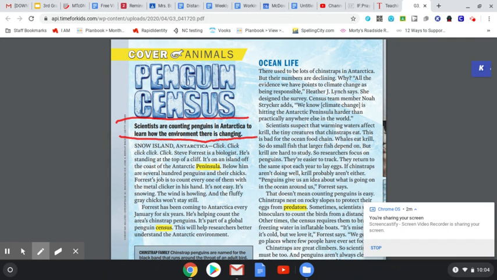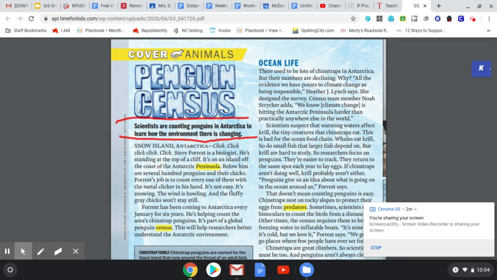Scientists are counting penguins in Antarctica to learn how the environment there is changing. Okay, so if I read that, right underneath that, that makes me think that maybe the penguin census is when scientists count a group of things in a specific area.